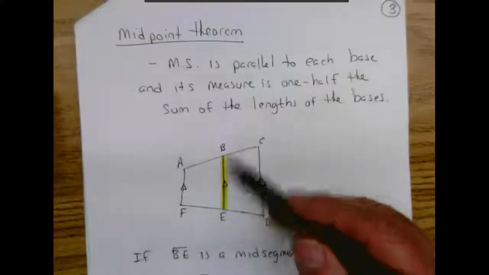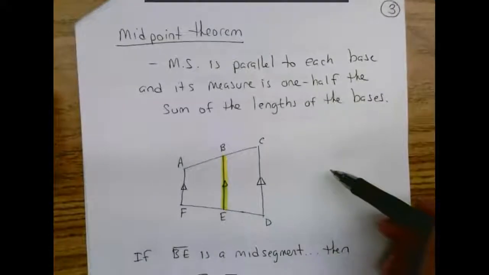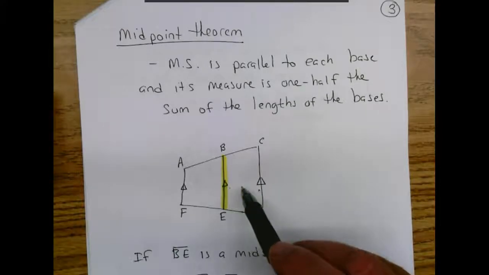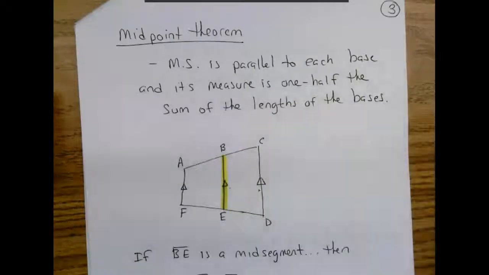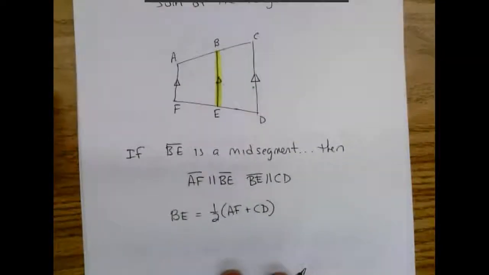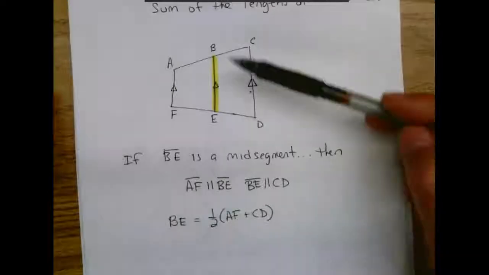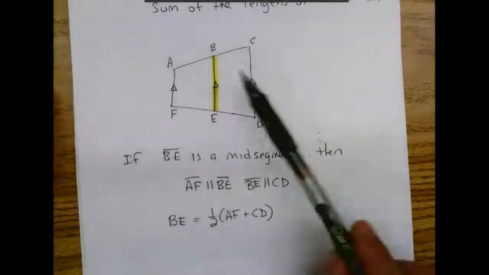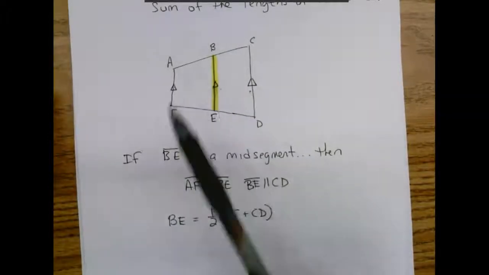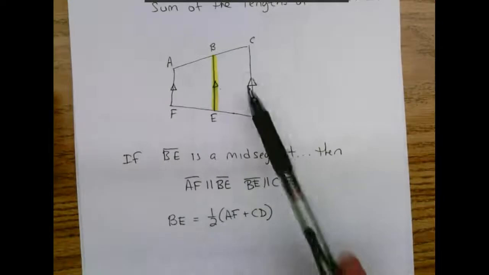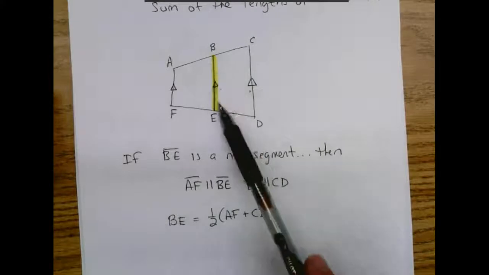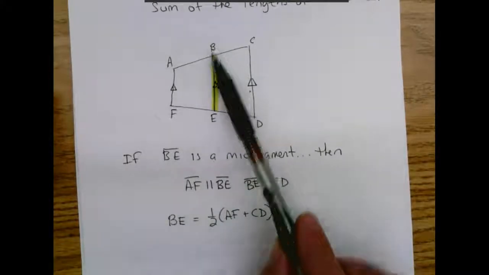So if we have this mid-segment, MS, then we know two things. It's parallel to these, has to be, and it's also 1/2 the total length of each of these bases on each side. So then we can write this idea. If BE is a mid-segment, then we know that AF and BE are parallel.